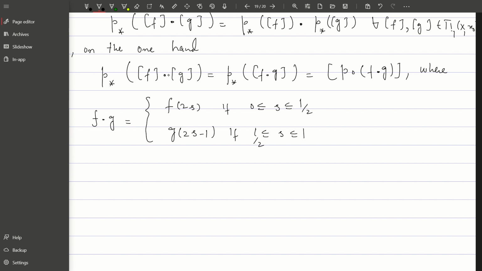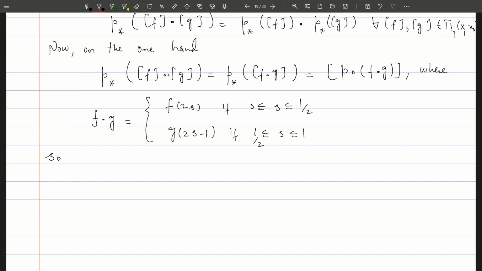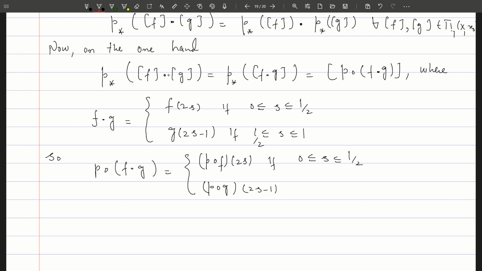So p of f dot g will be the path given as p of f of 2s if 0 is less or equal to s is less or equal to half, and it is p of g of 2s minus 1 if half is less or equal to s is less or equal to 1.